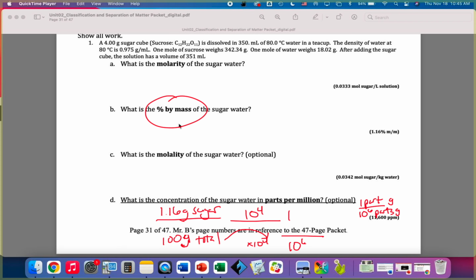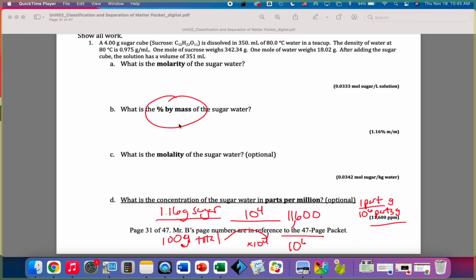So I get 1, move it once, twice, 3 times, 4 times. I think the answer is 11,600 divided by 1,000,000, or 11,600 parts per million. So the cool thing is it's basically like a percent, except it's scaled up by a factor of 4, a power of 10 of 4.